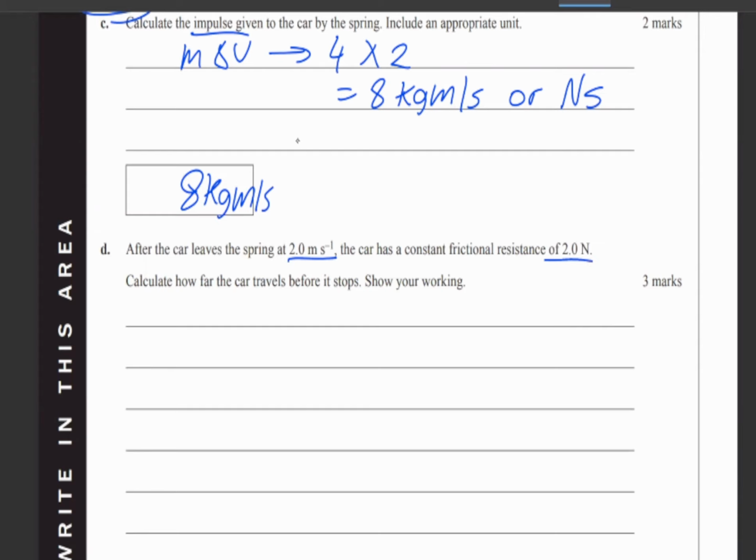Calculate how far before it stops. So U equals 2, V equals 0. So then 2 times distance equals half times 4 times 2 squared. So then the distance should equal 4 meters.